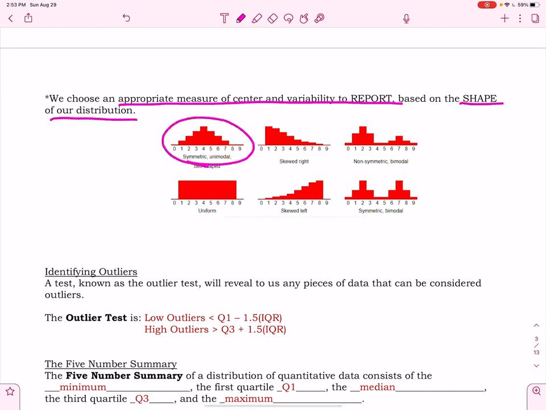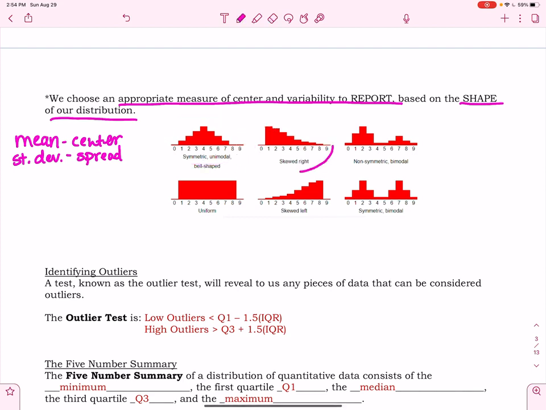If you've got something that's nice and symmetric, you're going to report the mean as the measure of center, and you are going to report the standard deviation as the measure of spread or variability. If you have something that is not symmetric, like something that's skewed right or skewed left, that means you're going to report the median as the measure of center.